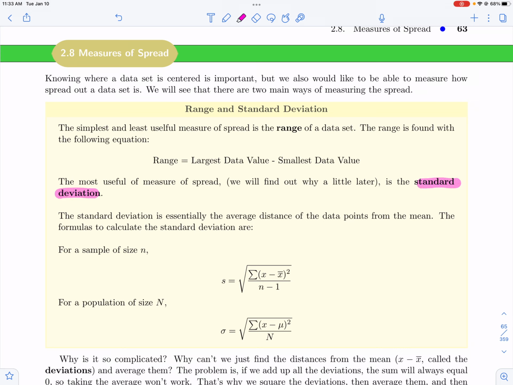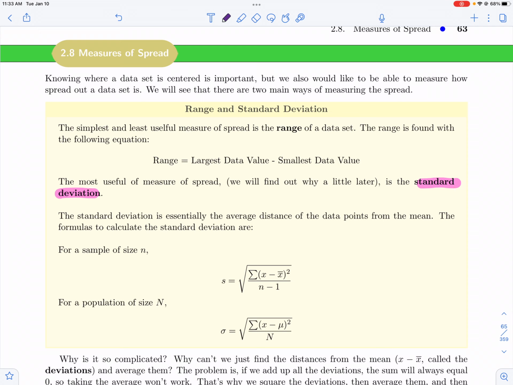That's the one we're going to use most often. It's also a little bit more complicated to calculate, especially by hand. So luckily we'll have a nice little calculator trick that's going to make life easier. But I am going to demonstrate how you can do this using the calculator, but in a by hand kind of way. All right, so let's first talk about the range since it's the easiest.